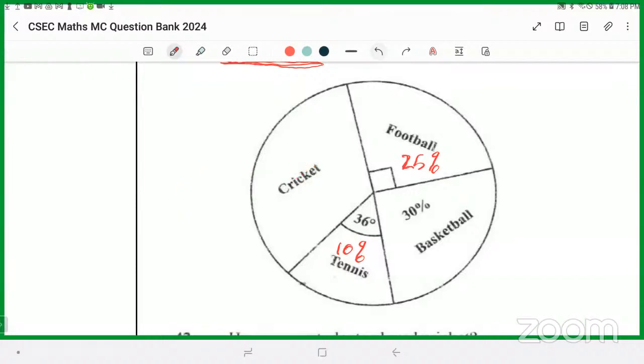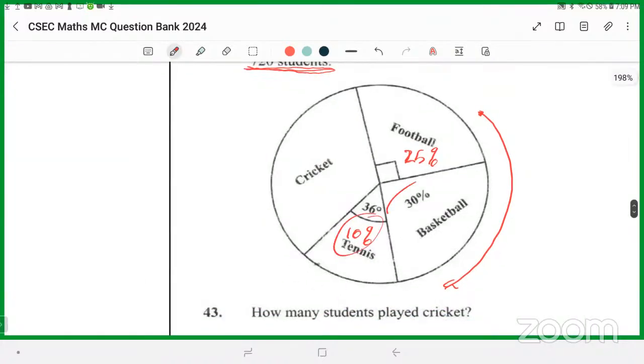So these 3 over here, in terms of the percentages that we have, what is that? 65%, because this 10 and this 30 is 40, and 40 plus 25 is 65. So we have 65% of the students accounted for in these 3 sectors.